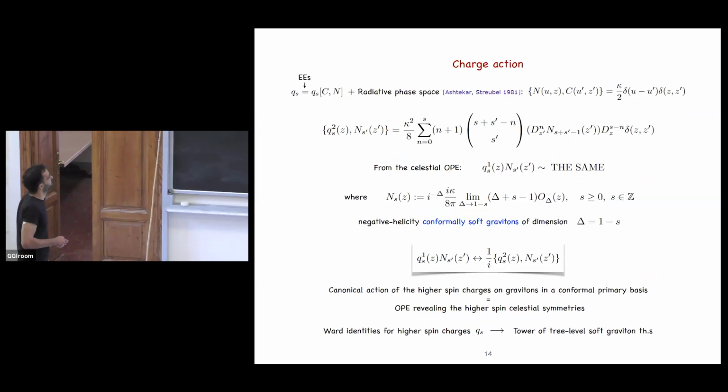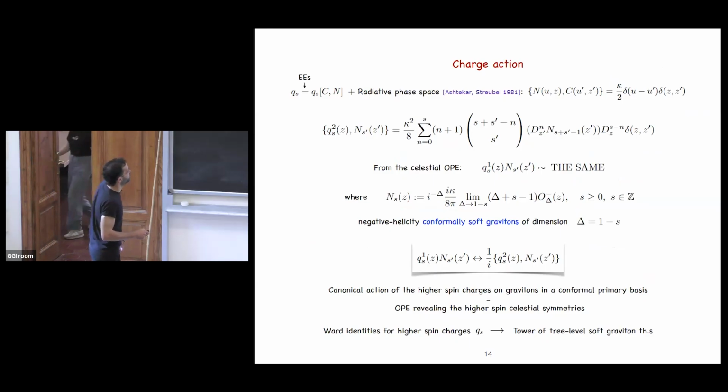Okay, so now you can go on Scri and use the radiative phase space to compute the action of this quadratic charge, for instance, on these soft conformal gravitons, and you see that the action that you get from the hard charge is exactly the OPE that you would get from celestial OPE, the one I showed you before, if you take this double conformal soft limit on those two conformal primaries.